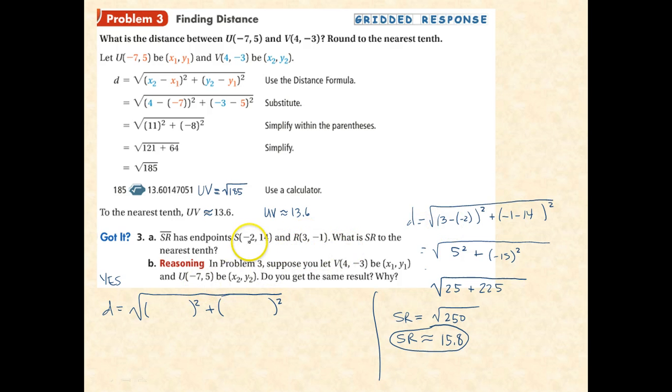Instead of doing 4 minus -7, we're going to do -7 minus 4. And instead of doing -3 minus 5, we're going to do 5 minus -3.